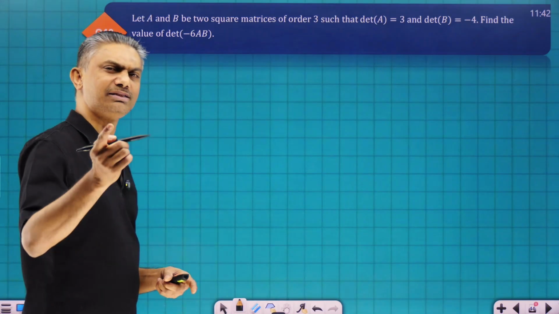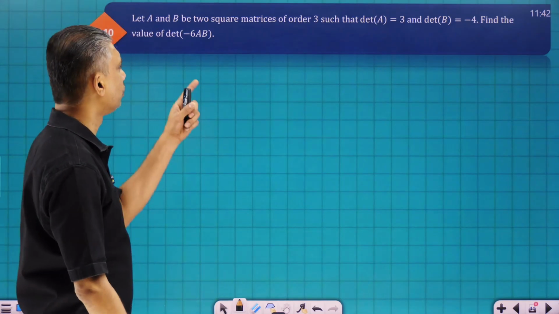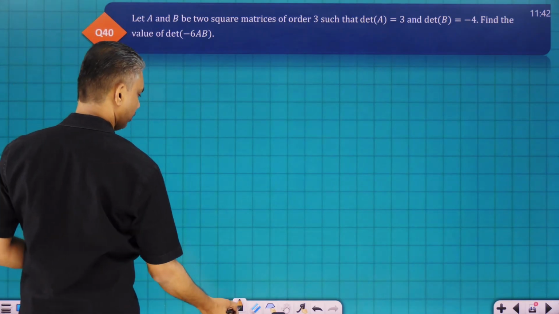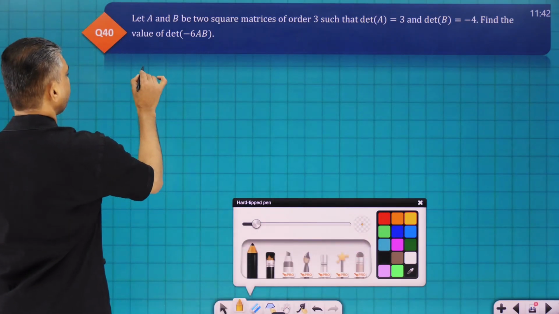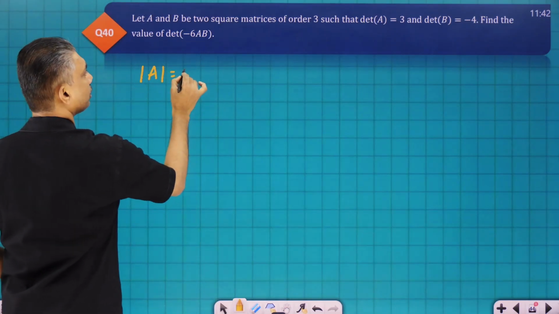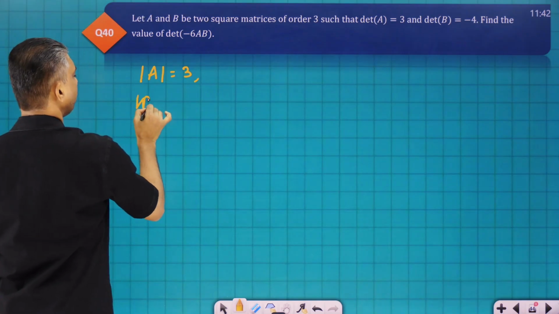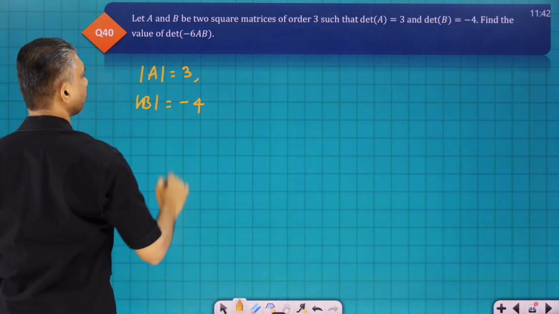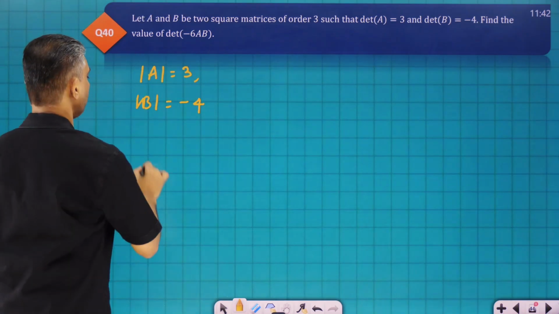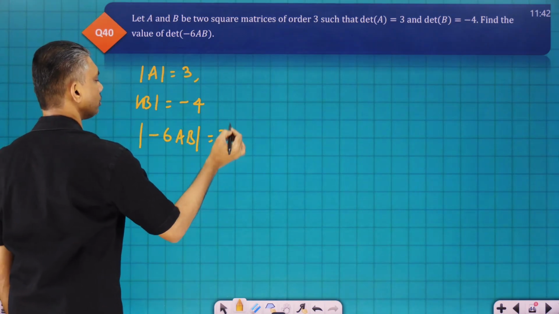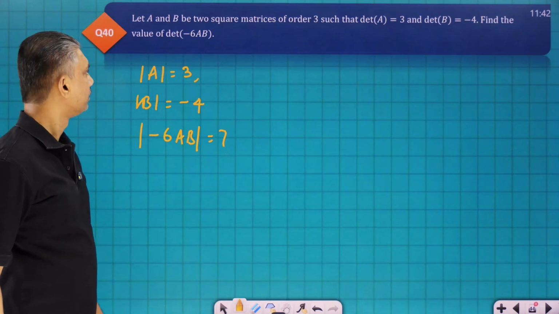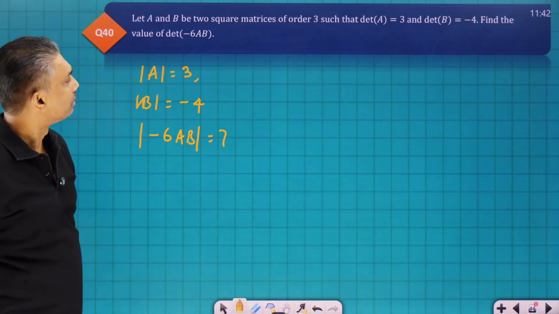Very simple. It's the same as the MCQ question. You are given determinant of A equal to 3, determinant of B is equal to minus 4. Find determinant of minus 6AB. Now we have a result.